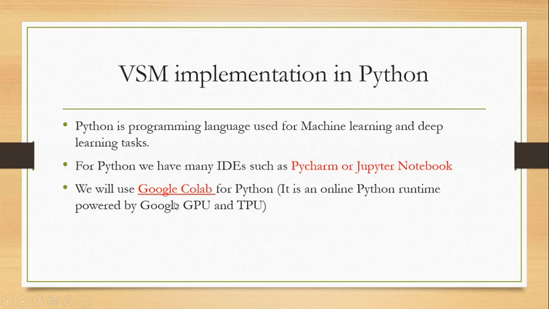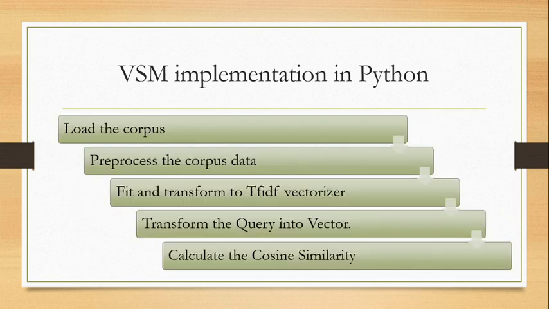Google Colab is an online runtime for Python powered by Google, and it provides a GPU and TPU, a good amount of RAM, and temporary disk space to store your data. So Google Colab is very helpful here.